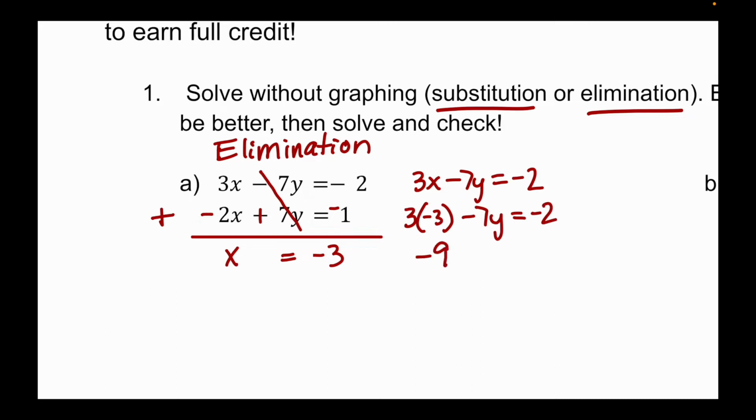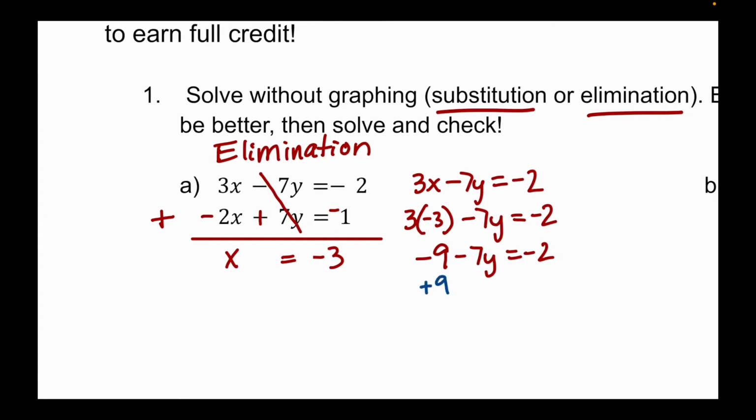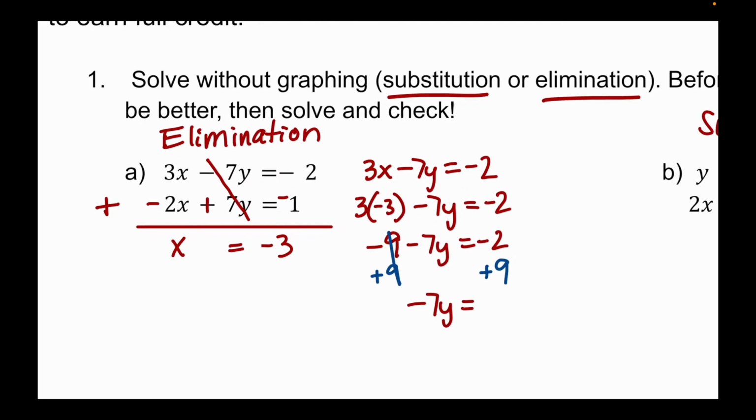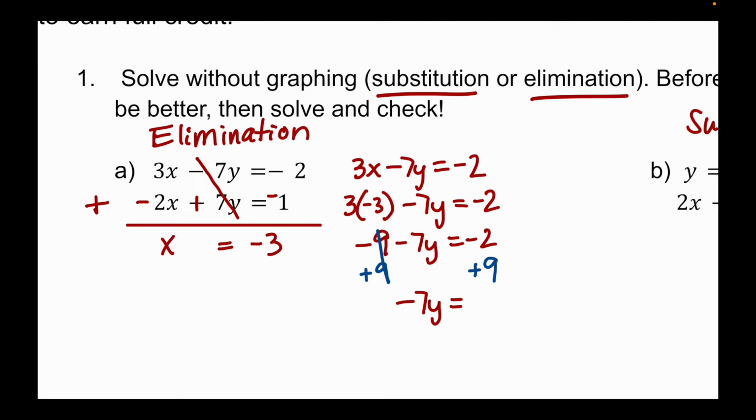This is -9 minus 7y equals -2. That means we want to add 9 to both sides in order to make those disappear. We'll still have -7y. Be careful about negative signs. They do need to still stick around. And over here on the right, we're going to have +7.